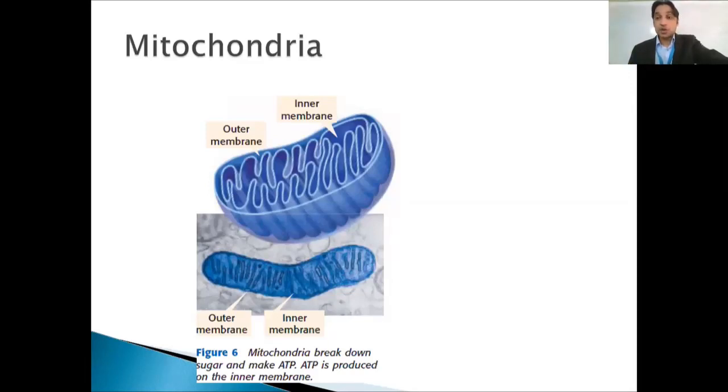And what is the function of mitochondria? You know, to produce energy. Exactly. In order to produce energy, mitochondria needs several enzymes and several proteins. Since mitochondria cannot take a break, it is supposed to execute its function without any break.